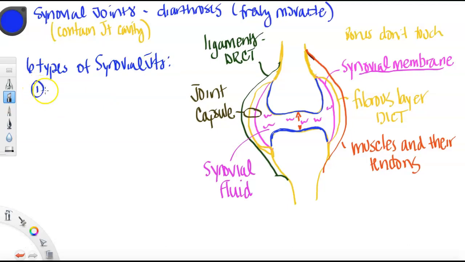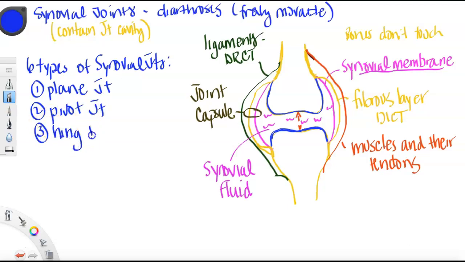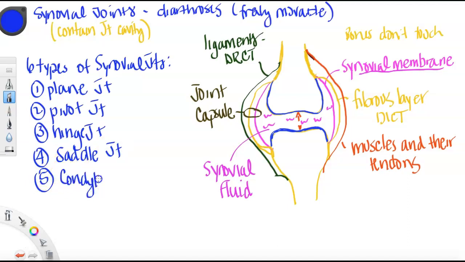Right, there's the plane joint or planar, the pivot joint, the hinge joint, the saddle joint, the condyloid joint, and the ball and socket.